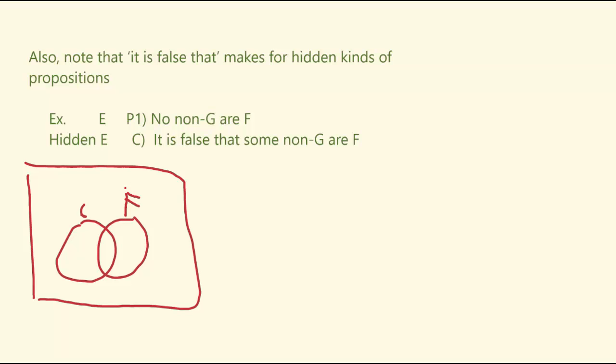Then we have non-G's in area 1, we have non-G's in area 4. And we say that none of our non-G's are F's, which means we would have to get rid of area 4.